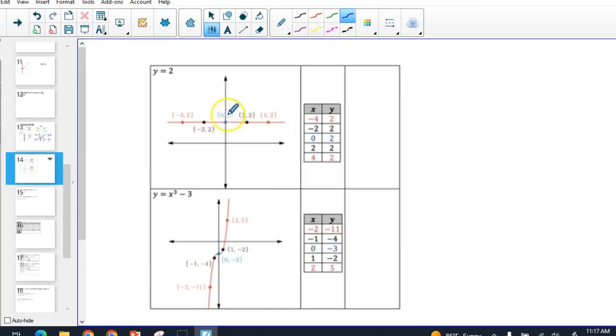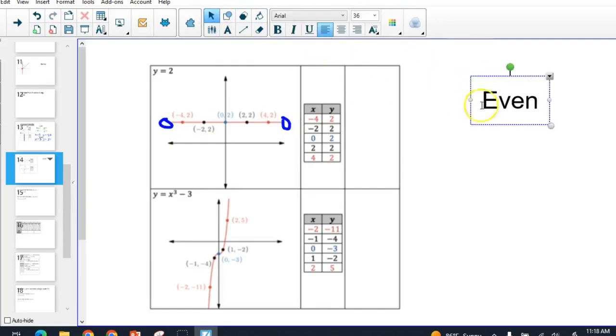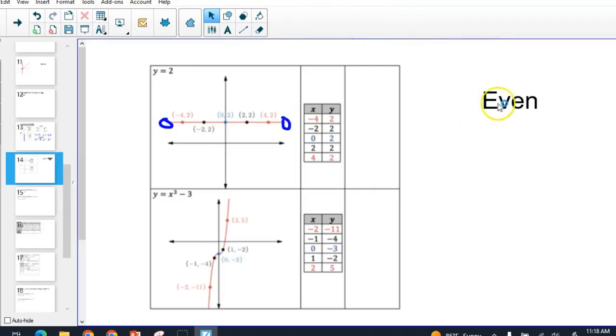So from before, we are symmetrical across the y-axis, and our endpoints are heading in the same direction. So we're going to be working with an even function. Let's try to see if that same pattern holds.